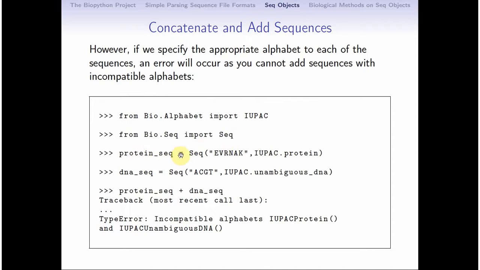This is a protein sequence, so you specify the alphabet as IUPAC.protein, and this one is a DNA sequence, so you specify it accordingly. If you try to add them, you get an error because they are incompatible. This is for you to double check. Sometimes when you are coding and want to double check whether you can add something up, this will give you an error. That's why it's very important to specify the category of your sequence.